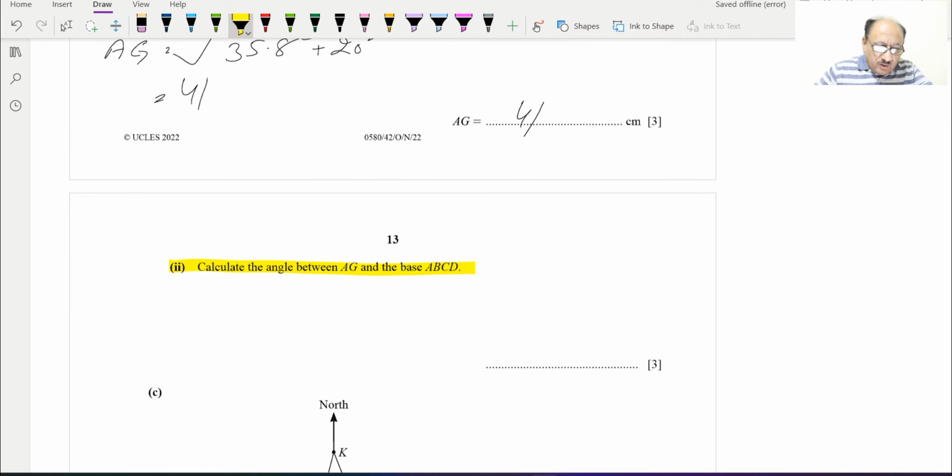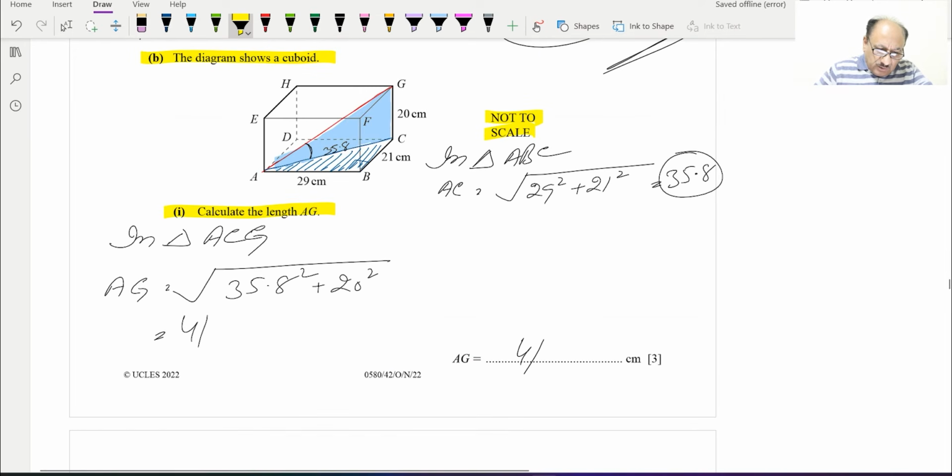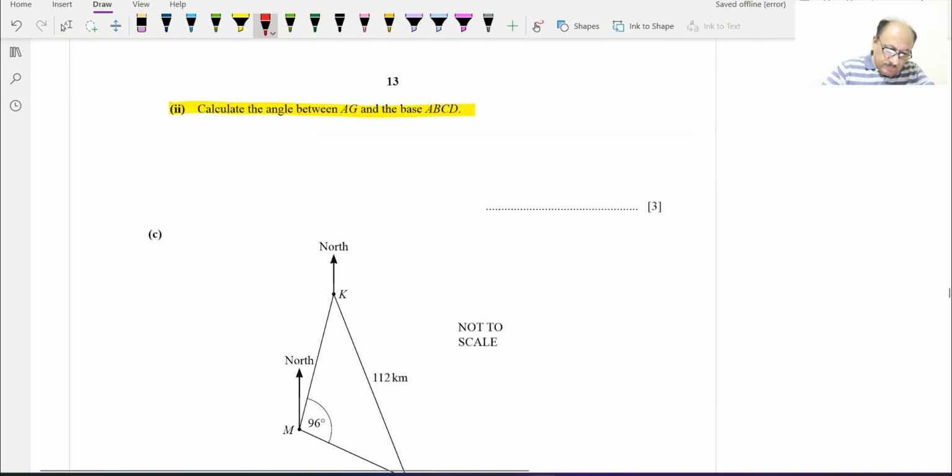So we have this side as 41, so we can use 20 and 41, which is sine theta.